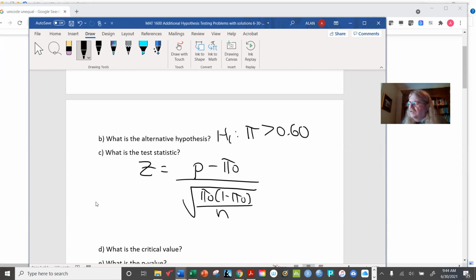Okay, so pi 0 is the hypothesized value, and lowercase p is the sample proportion.